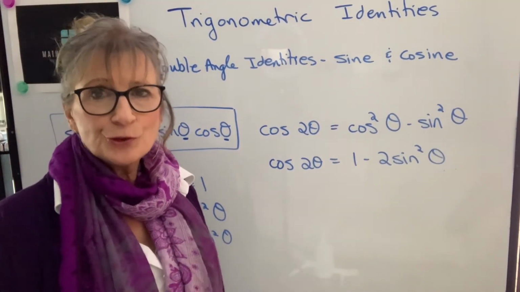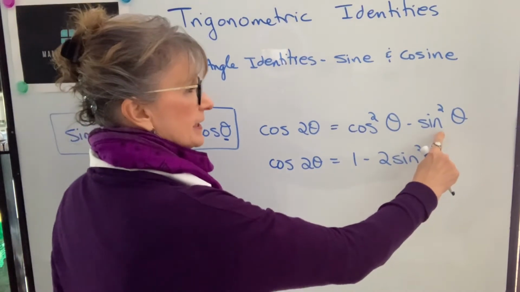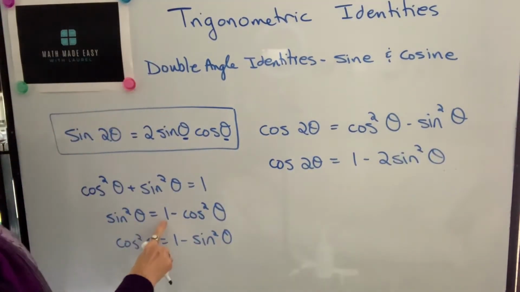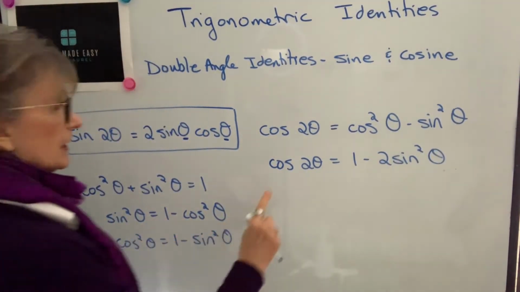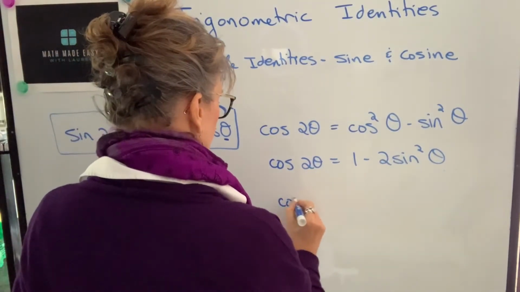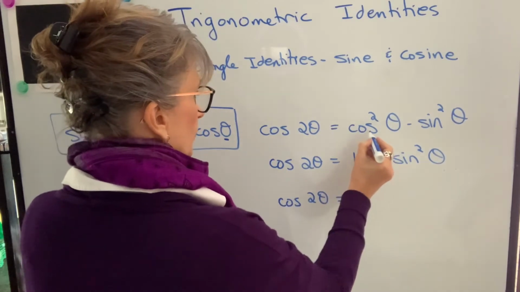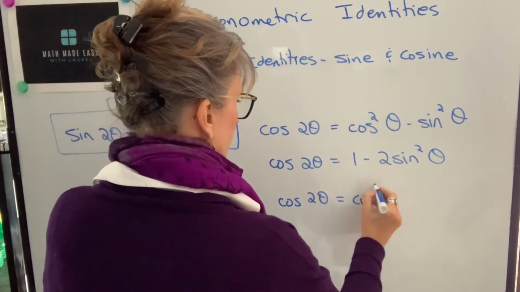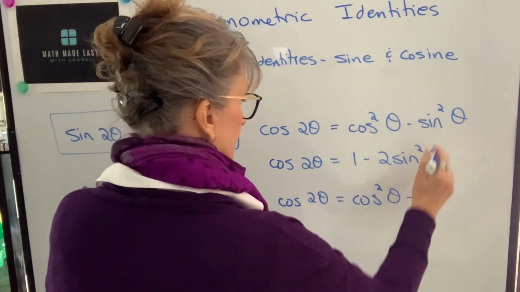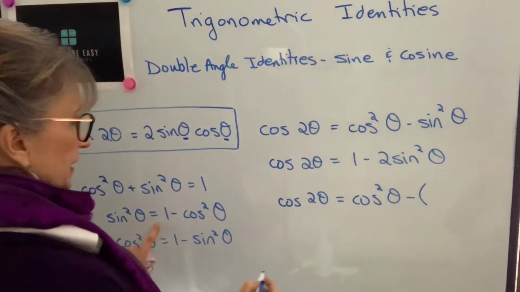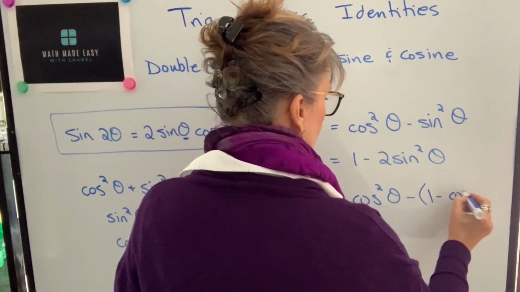I could get a third form of the identity by replacing the sin² theta with 1 minus cos² theta. So cos of 2 theta would equal cos² theta minus, and then instead of sin² theta, I'm going to replace it with 1 minus cos² theta.